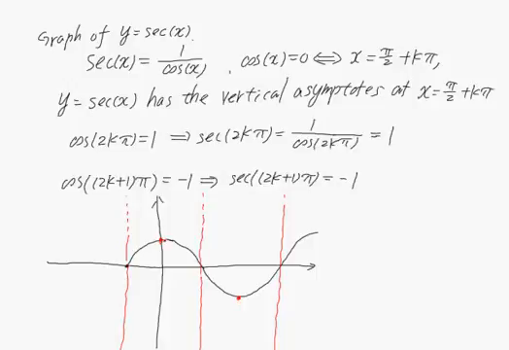And when cosine x decreases, the secant increases. And when cosine x is bigger than 0 and approaches 0, the secant function approaches positive infinity.